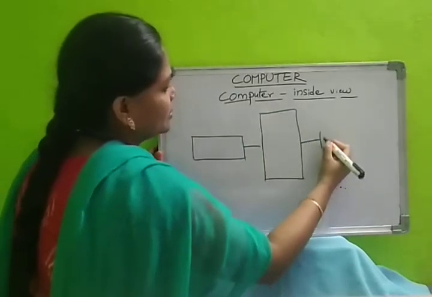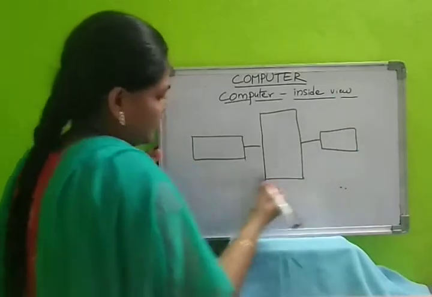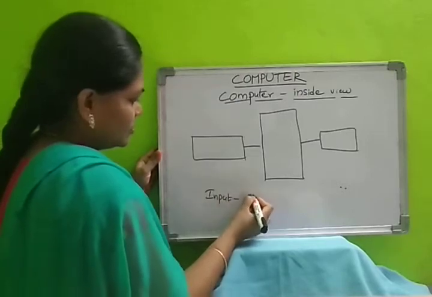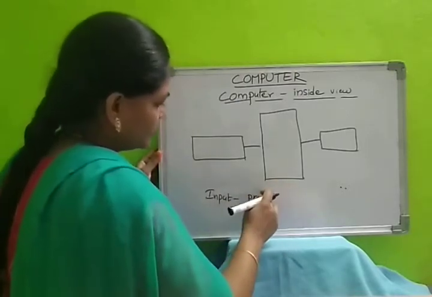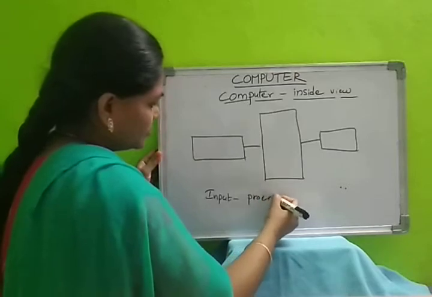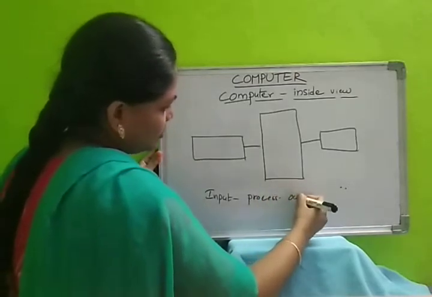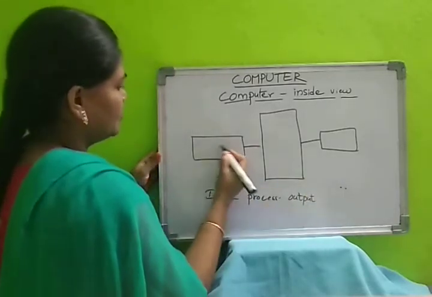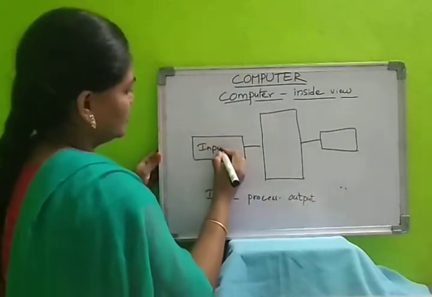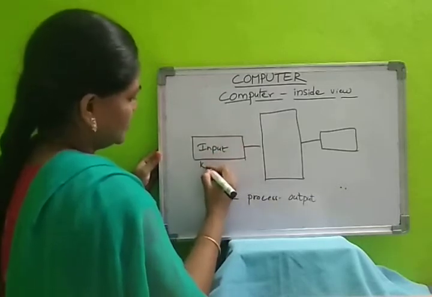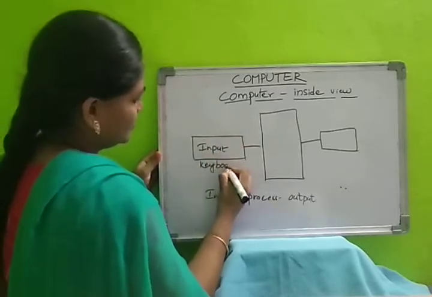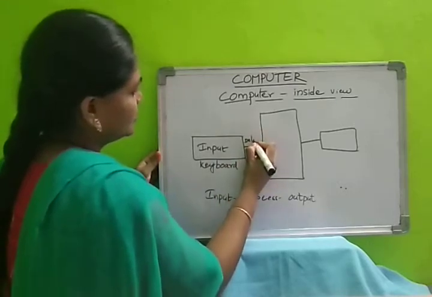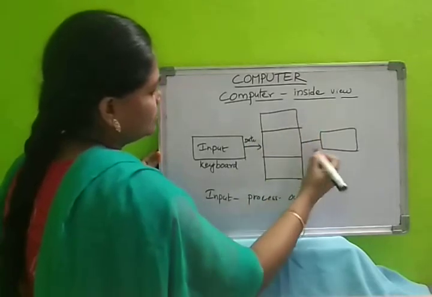Here the output is displayed. This is the input, process, output. So here, what is the input? Input, that is keyboard. From the keyboard we are typing and this data is sent to the CPU.